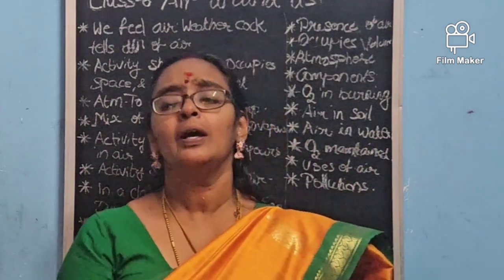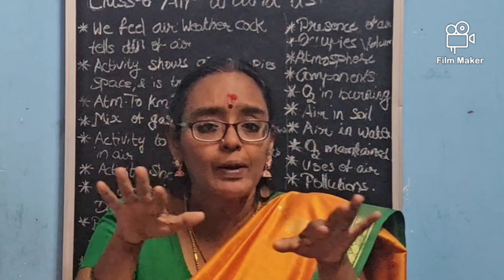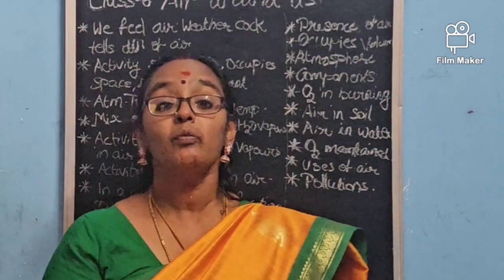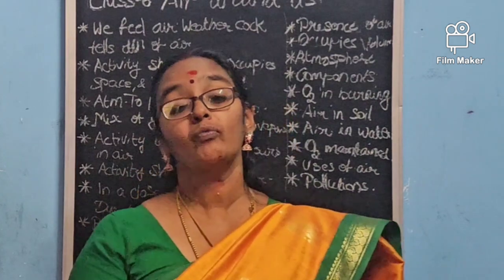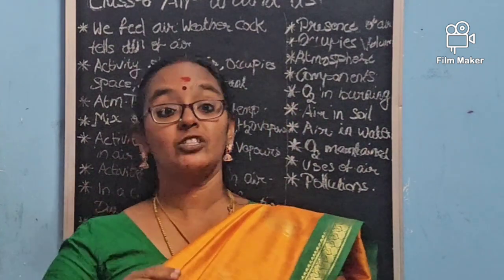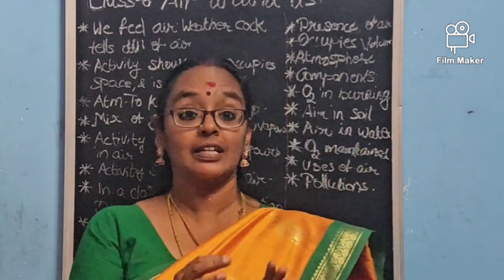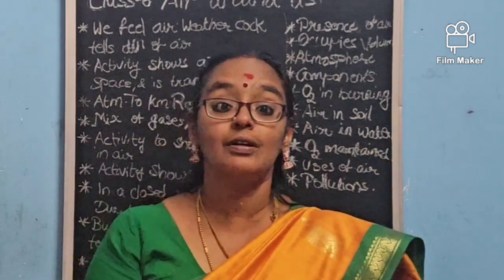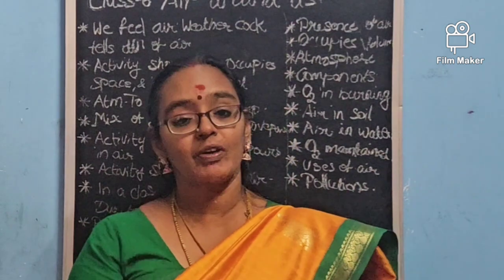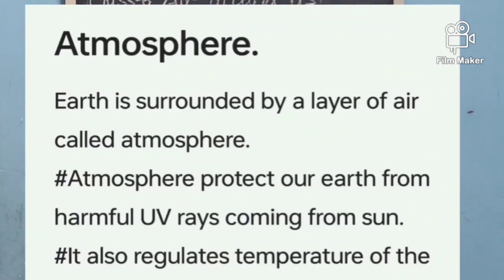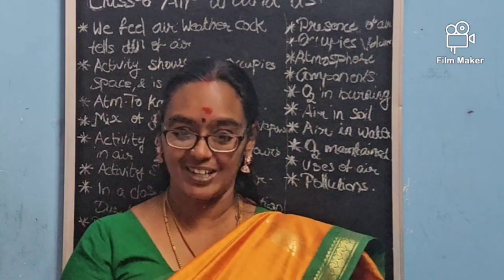By this atmosphere. Moreover, it also helps to regulate the temperature throughout the earth. For what? For the sustaining of life on the earth. Okay? The temperature should not be much more. If the temperature is getting more, what happens? The life on the earth will not be possible. The atmosphere maintains or regulates the temperature to maintain life on the earth. Okay, so is the atmosphere good or bad for us? It's essentially needed for us, isn't it?